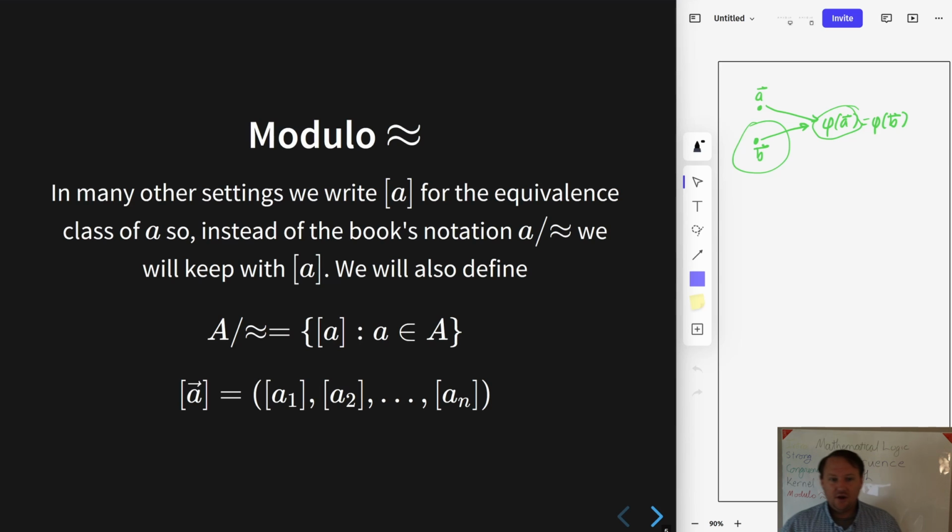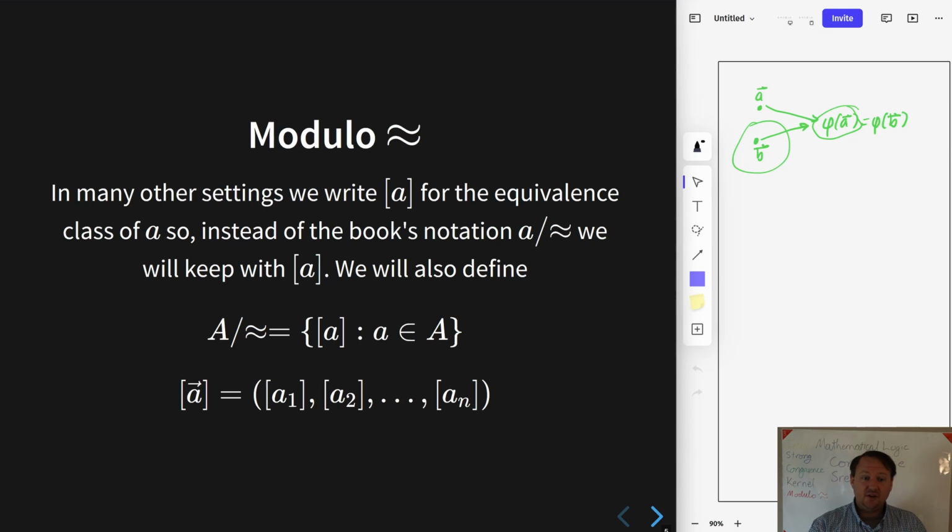Now, the book persistently uses this slash wavy equal sign even on elements, and that's something I'm not going to follow. I am just so used to writing a particular equivalence class, a cell in the partition, with bracket A, where A is some element of the set.